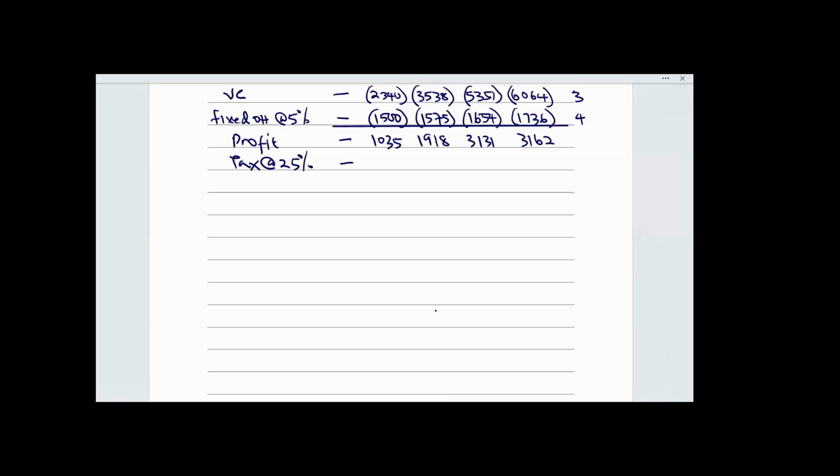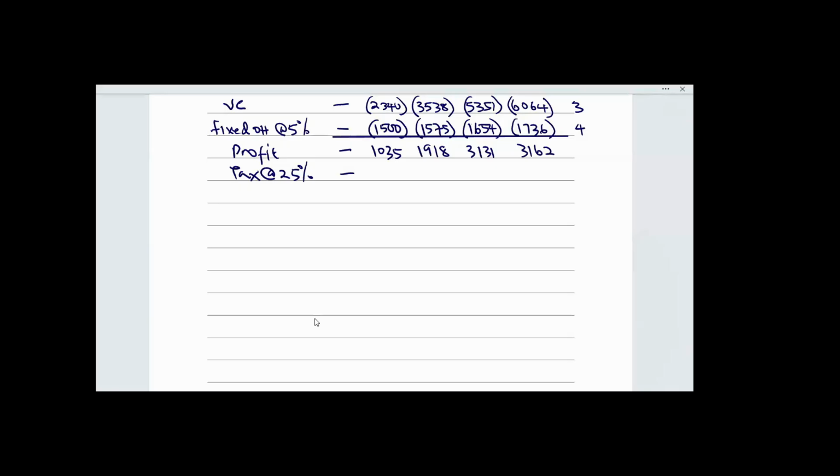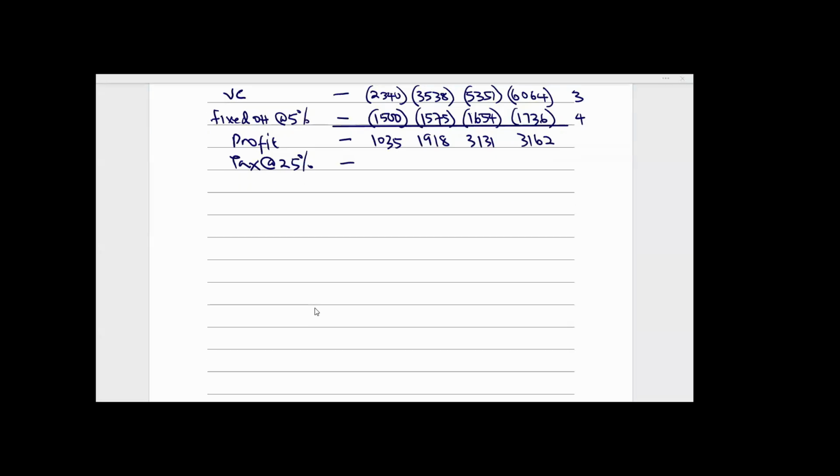Therefore, 0.25 multiplied by 1,035 gives 259, then 480, 783, 791.